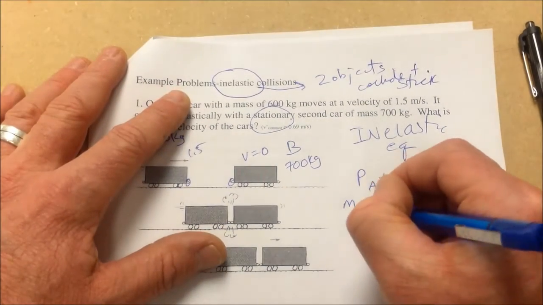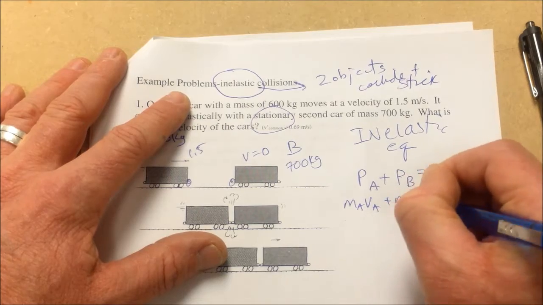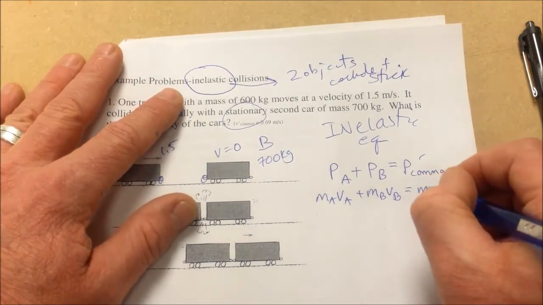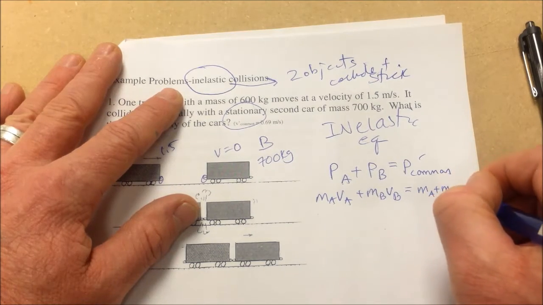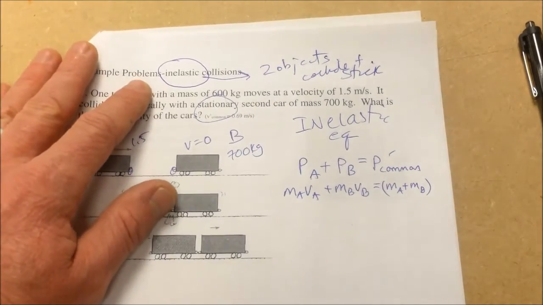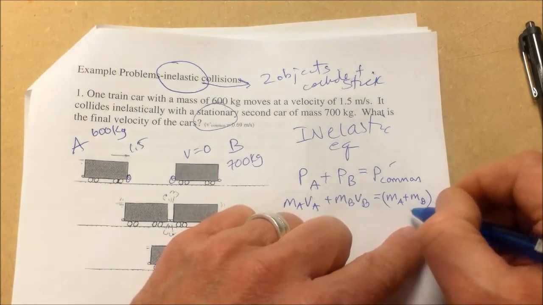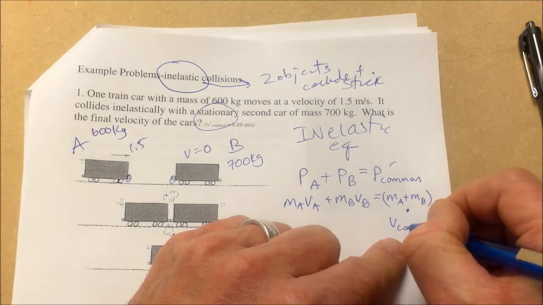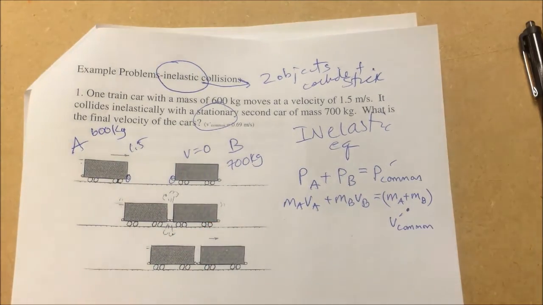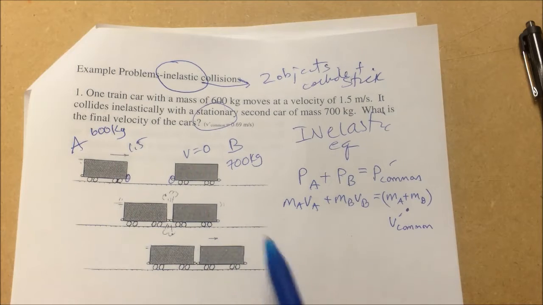So we could say MAVA plus MBVB equals (MA plus MB), in parentheses, times some sort of common velocity. And I'm going to put a prime there, and that tells us it's after the collision. V prime common.